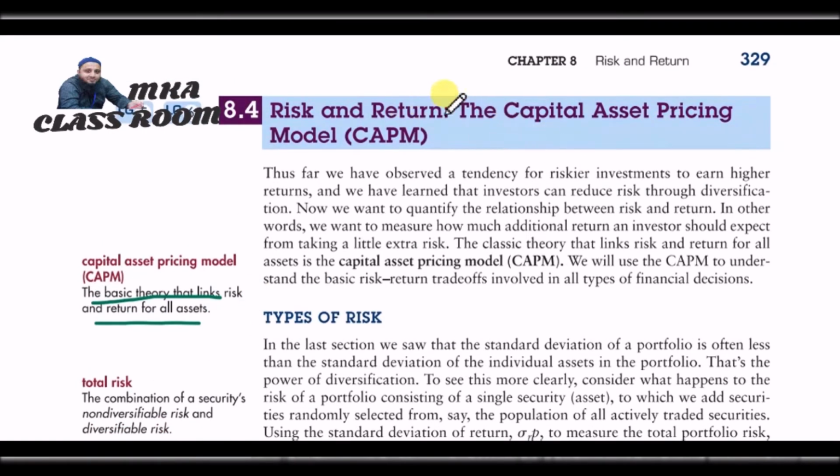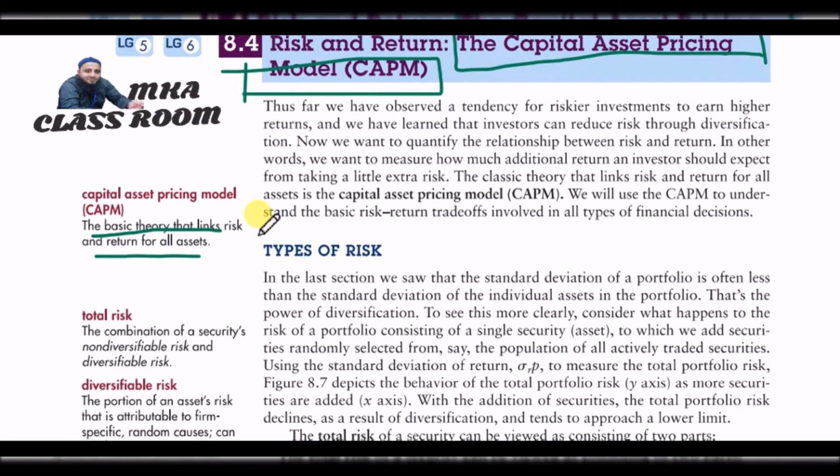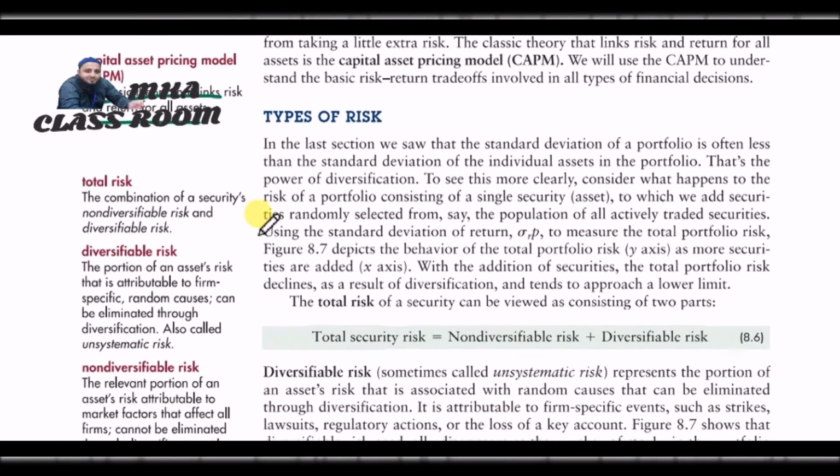Today's topic is the capital asset pricing model, the basic theory which links risk and return. Now, there are two types of risks: one is diversifiable risks, another is non-diversifiable risks.